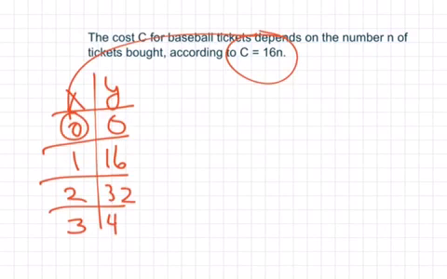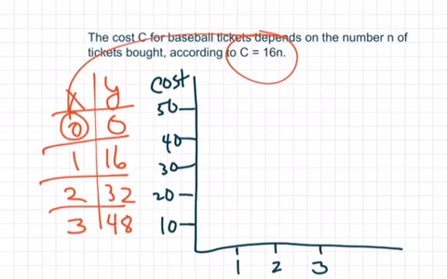Okay, so making a graph. I just made a couple decisions, okay? So here on my x-axis, that's tickets. And then on my y-axis, I have cost. And the cost just in intervals of 10, so 10, 20, 30, 40, 50, up to $50, and up to 3 tickets.